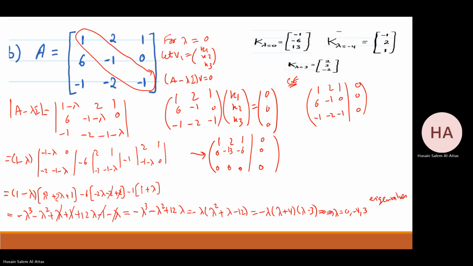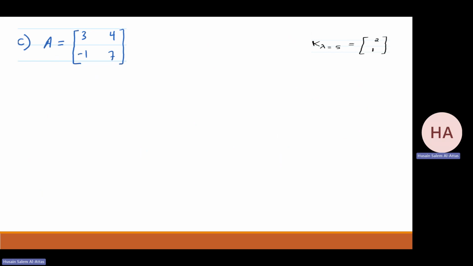That's it. Yeah. So I have what? K1 plus 2K2 plus K3 equals 0. And I have minus 13 K2 minus 6 K3 equals 0.